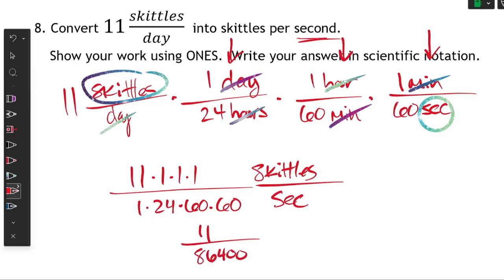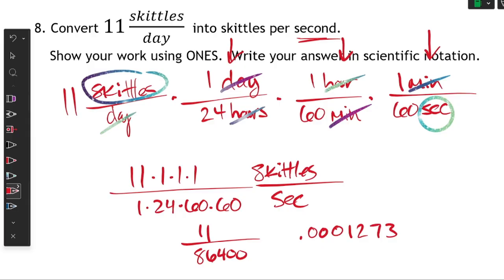So you can write this: it's going to be 11 divided by 86,400. And when you do that, you get the following decimal: 0.001273, and I'll stop there. There's more digits, but I'll stop there.